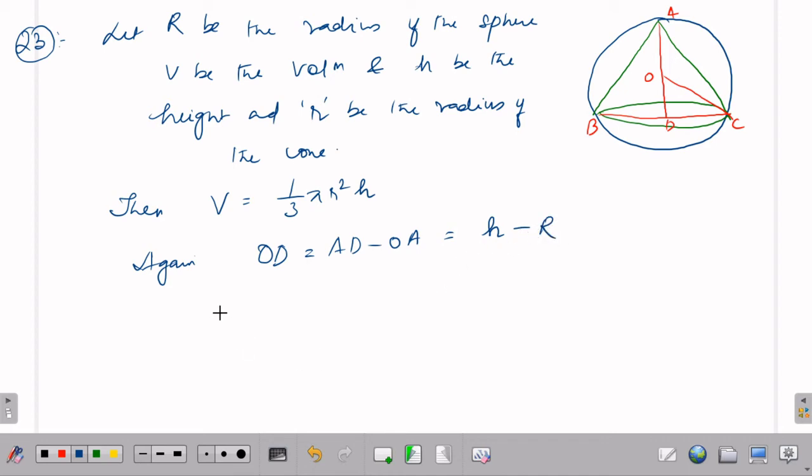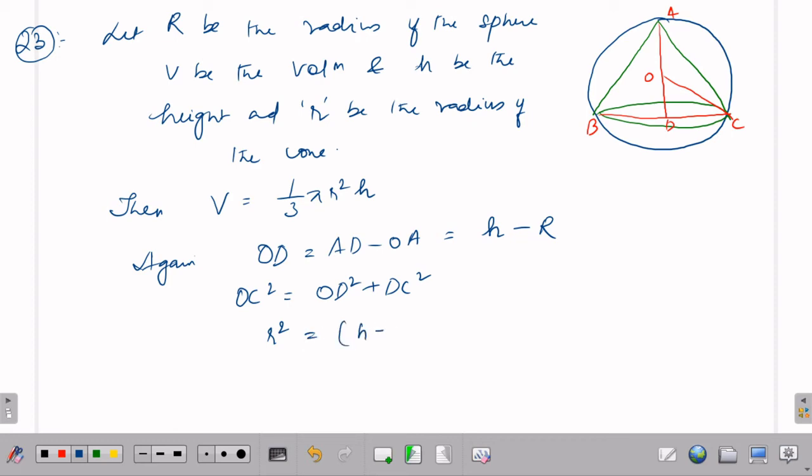So I can say your OC square is your OD square plus your DC square. Just check, okay? Your OC square is your OD square plus DC square. Your OC is the radius of the sphere, so that will be R square.